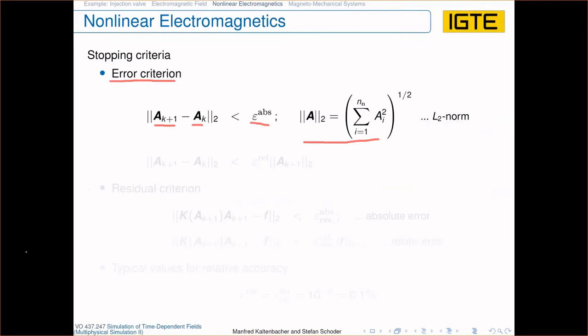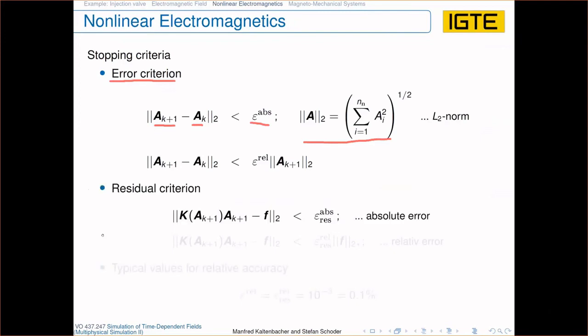Or what makes perhaps more sense is to take a relative norm, which means that we scale the epsilon by the L2 norm of the current solution we have computed. So this means we just look at the measure between the new solution and the solution before, so a_{k+1} and a_k.